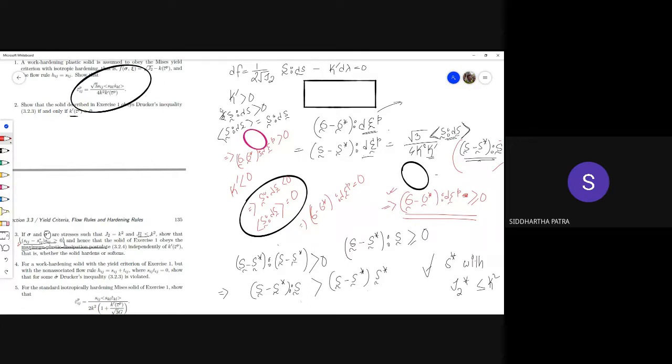Now we are taking a particular example, and in that example we are trying to show that with a certain yield surface, that is the von Mises yield surface, and a certain type of hardening that we have taken, it obeys the maximum dissipation postulate. Here you are trying to prove that this quantity is greater than or equal to 0, given this expression right here.